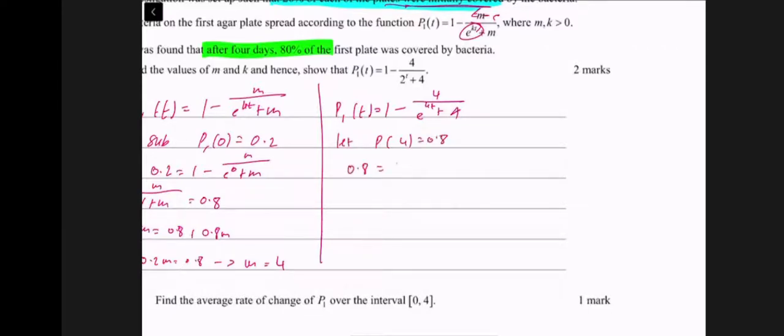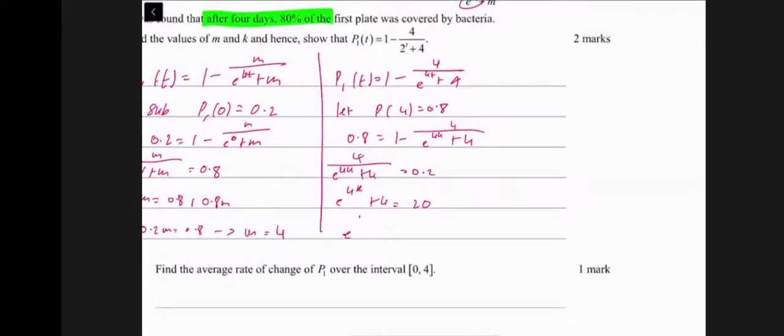So 0.8 is 1 minus 4 over e to the 4k plus 4. So 4 on e to the 4k plus 4 is 0.2. e to the 4k plus 4 is 20. So e to the 4k is 16. And then log rules. So ln 16 is 4k.